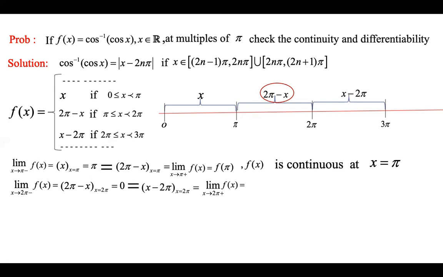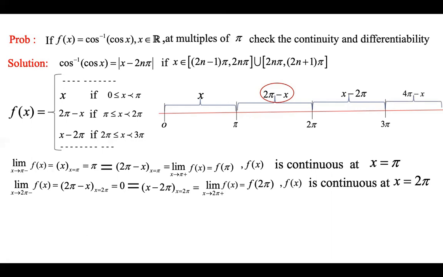This function value is again 0. Means at 2 pi, the right limit is 0, the left limit is 0, and the function value is also 0. Therefore, it is continuous at x equal to 2 pi also. Not only at 2 pi, at 3 pi, 4 pi, at all integral multiples of pi, the function is continuous.